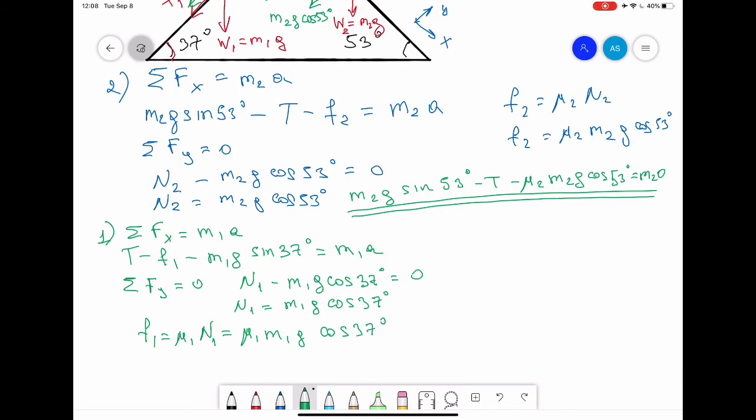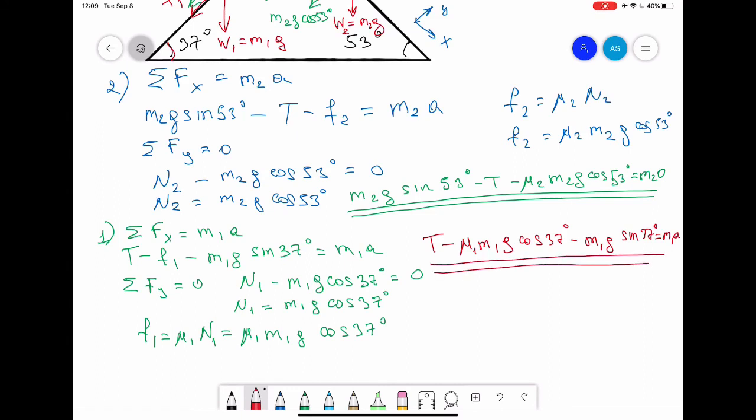And if you want to put everything in its place, then we're going to have the tension minus friction 1, which is mu1 m1g cosine 37 degrees, minus m1g sine 37 degrees, is equal to m1a. Okay, so this is our first equation.